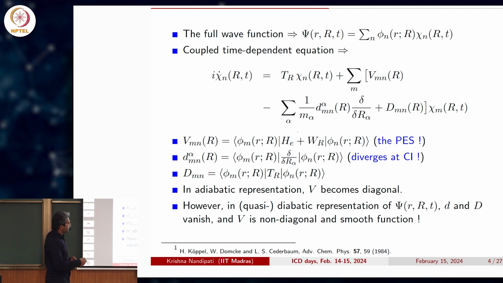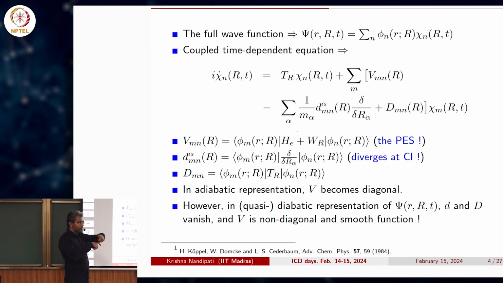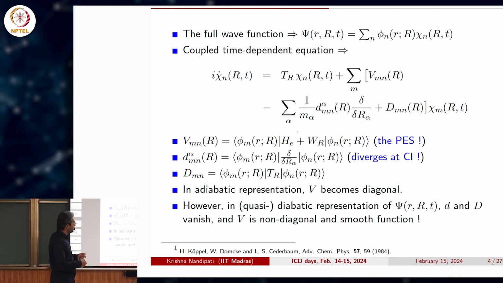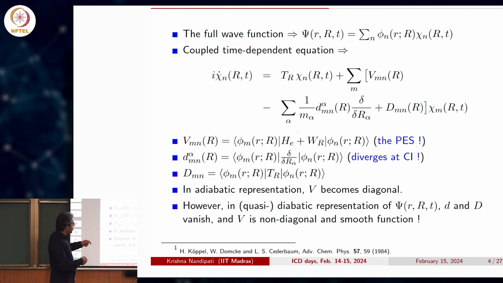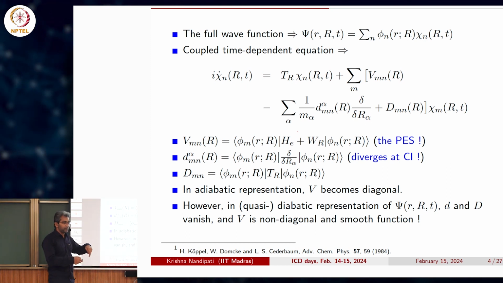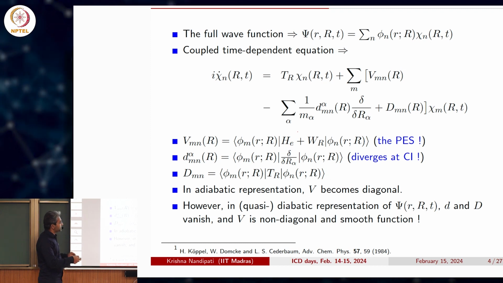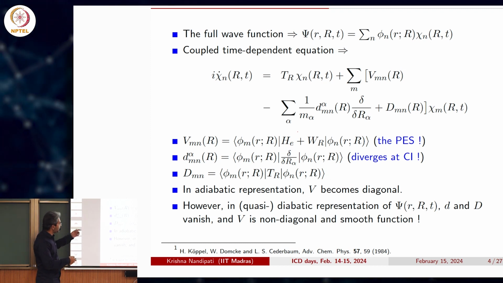And this term we showed that at conical intersections, where the 2 potential energy surfaces are degenerate, using the Hellmann-Feynman relation, is proportional to 1 over E_I minus E_J, for instance, or E_M minus E_N. So at CI, these 2 are equal, so it blows up.